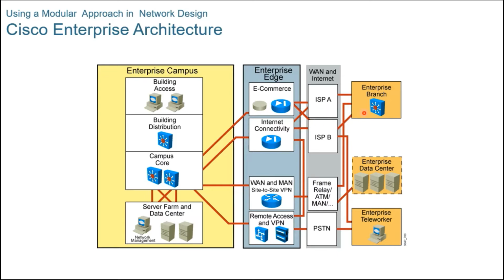So designers can describe each network application and service on a peer module basis and validate each as part of the complete enterprise network design. So modules can be added to achieve scalability if necessary. For example, an organization can add more enterprise campus, if it has more than one campus.